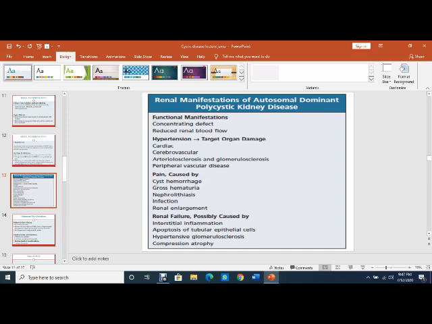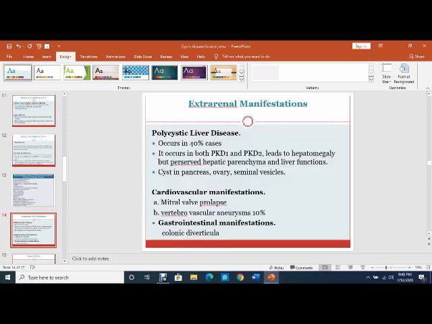Functional manifestations: loss of concentrating power of the kidney, reduced renal blood flow, hypertension that leads to target organ damage, cardiac problems, cerebrovascular, arteriovascular disease and glomerulosclerosis, peripheral vascular disease, pain due to cyst hemorrhage, gross hematuria can occur, stone formation and infection, renal enlargement that leads to pain, and renal failure possibly caused by interstitial inflammation, apoptosis of tubular epithelial cells, hypertensive glomerulosclerosis and compressive atrophy.